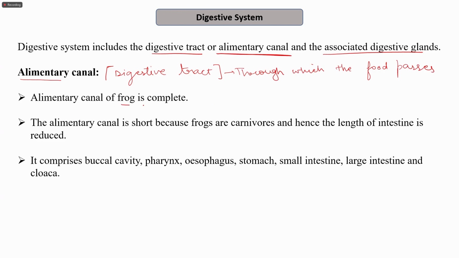So the alimentary canal of frog is complete, that is, it starts from the mouth to an external opening which is the cloaca. It is short because frogs are carnivores and hence the length of the intestine is reduced.